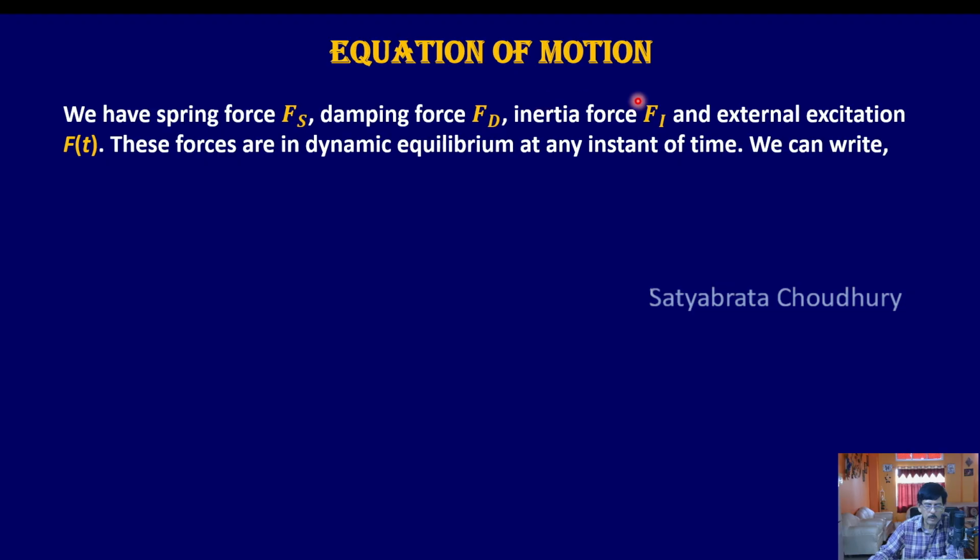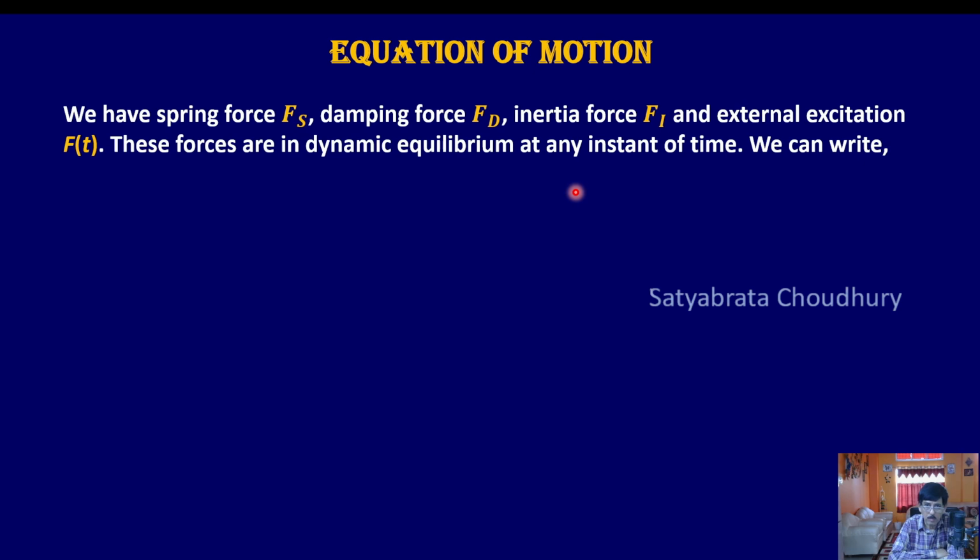Now we have got some forces we have discussed: the spring force Fs, the damping force Fd, and the inertia force Fi. And there will be an external excitation force or external source of vibration, which is F(t). These forces shall be in dynamic equilibrium at any instant of time. What is dynamic equilibrium?